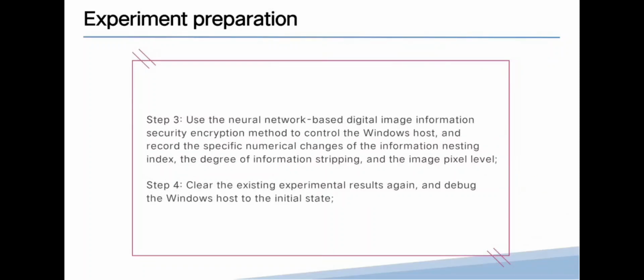As you know, step 4 is the most important step in this because it needs to clear the existing experimental results again and debug the Windows host to the initial state.